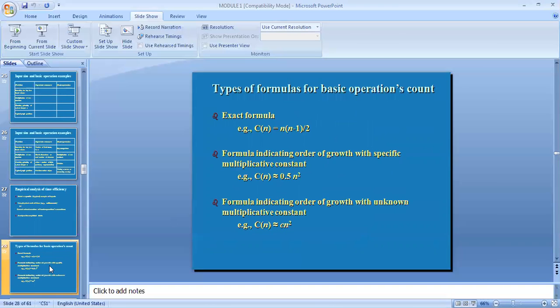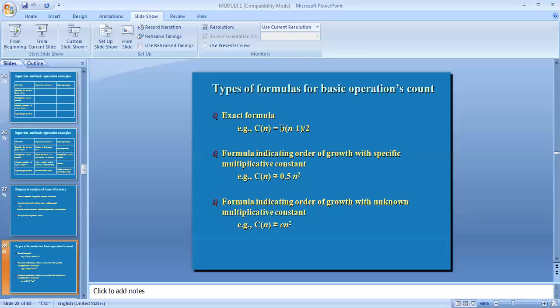Here we can see a type of formulas for the basic operations count. C of n is equal to n into n minus 1 divided by 2. So n is the number, the input size basically.